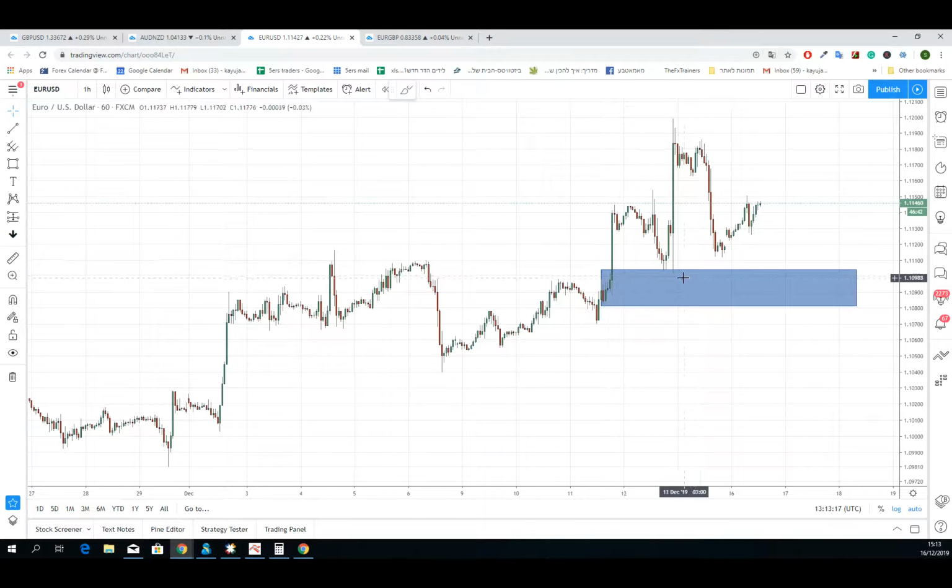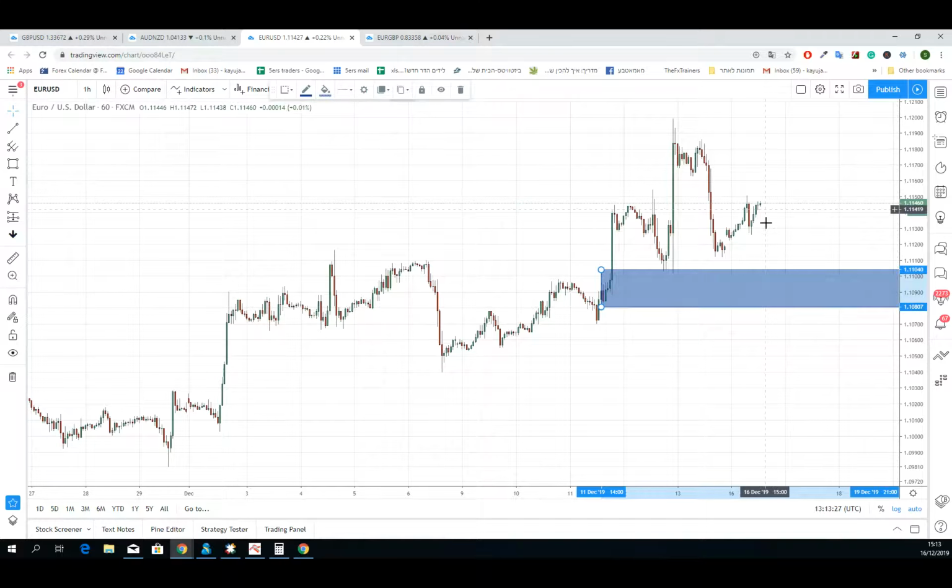It's not fresh. You see, the price reached there the first time here, then that's the second time, and if it comes back to this level again, it will be the third time, which makes it more risky for a buy position. So I'll just wait and see if the price will break this demand towards down.